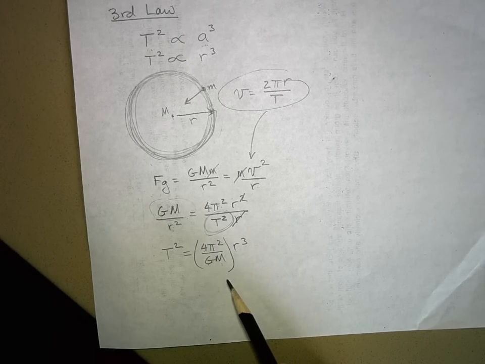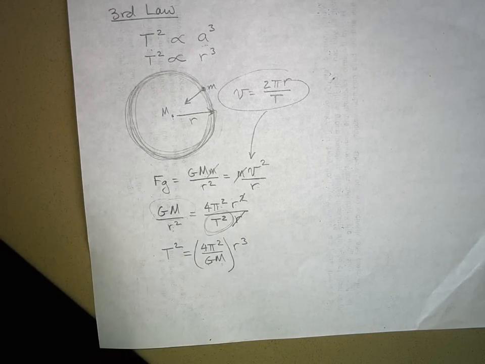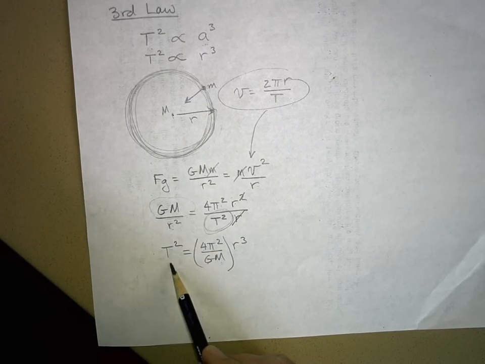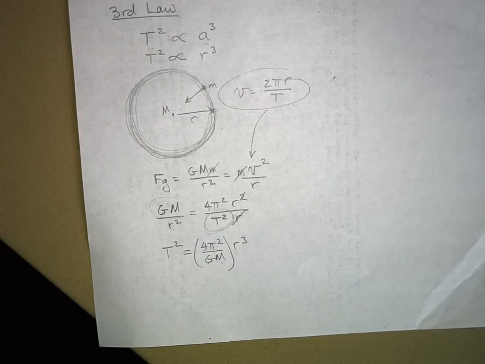They see stuff moving around the black holes, they have an idea of the radius, and they measure the time, and they can solve for the mass of the black hole, or any object. This is basically how we measure the mass of the planets. We observe their moons in orbit around those planets, and we use this calculation to solve for the mass.